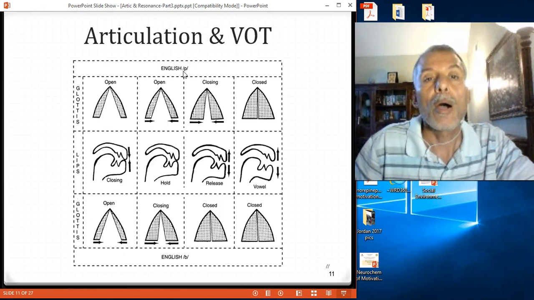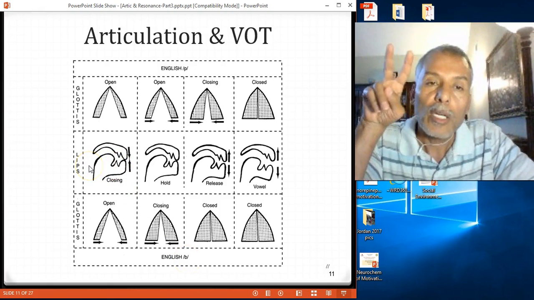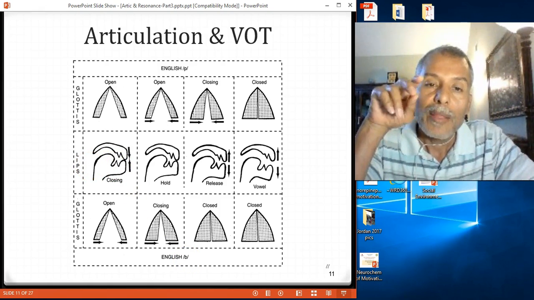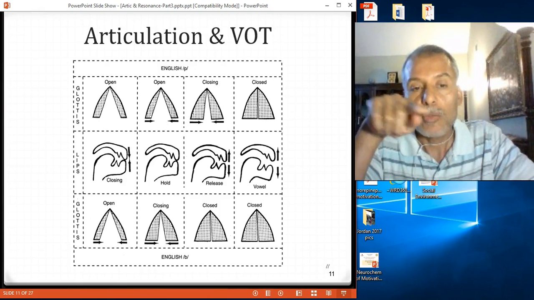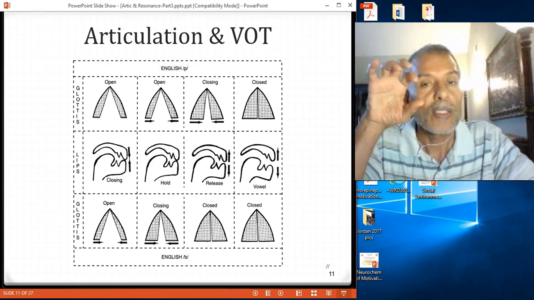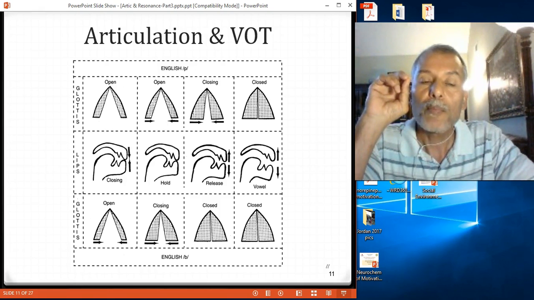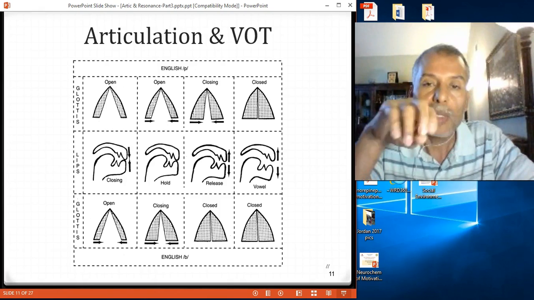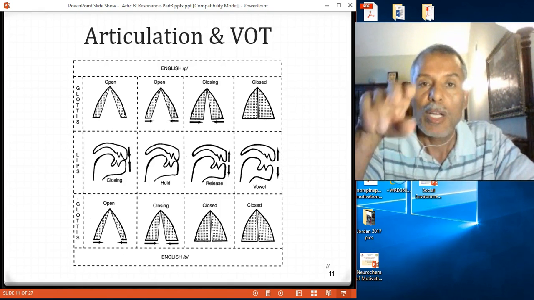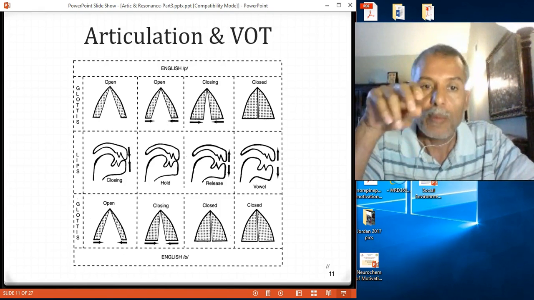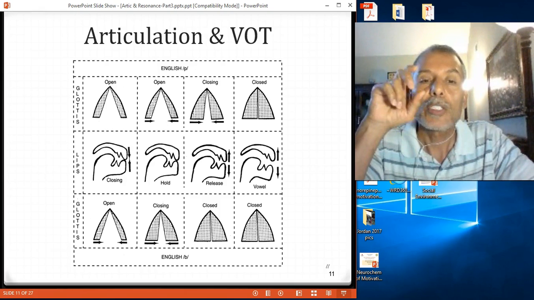So you say pa, or this other one you say ba. These are cognates. It means that the oral cavity is going to go through the same placement, the same manner of production, closure, and the only difference is voicing.